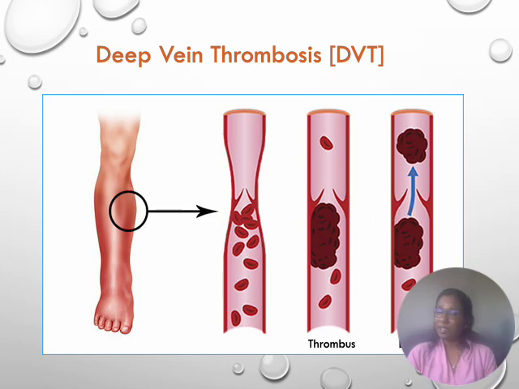Pulmonary embolism is a serious emergency which could lead to the patient's death. So, one of the dreadful complications of deep vein thrombosis is pulmonary embolism. Unless it is treated on an emergency basis, we could lose the patient. The best prevention for deep vein thrombosis is early mobilization of the patient as soon as possible.